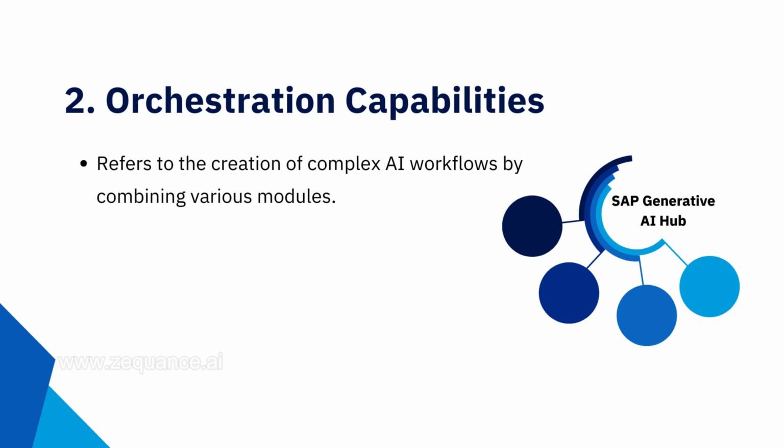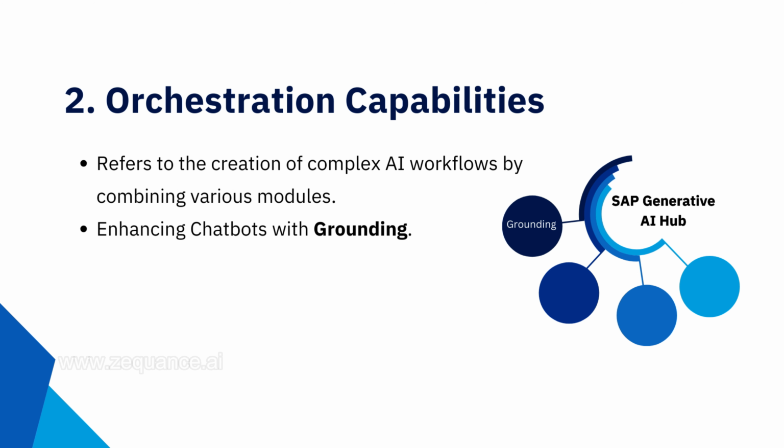These features are particularly useful in business settings that require robust, secure, and dependable AI solutions. Let's have a look at some practical examples of orchestration capabilities of SAP Generative AI Hub.